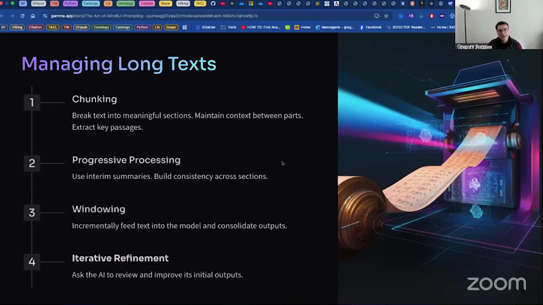What I was explaining earlier, you can just do what's called progressive processing. You just go with interim summaries, for example, and build up on that, or windowing as well. So there are strategies. And then, of course, when you prompt, never forget, it is very much an iterative process. It's not like we ask a question, we get an answer, and that's the end of the story.